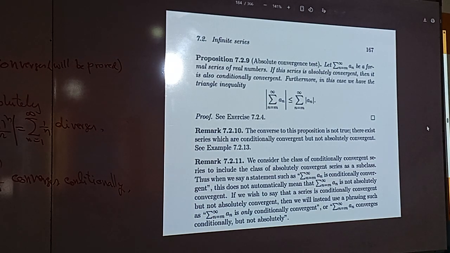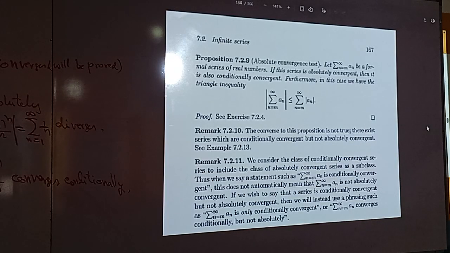Thus, when we say that a statement such as sigma a_n is conditionally convergent, this does not automatically mean that sigma a_n is not absolutely convergent. If I say that I have 10 rupees, it does not imply that I have no more than 10 rupees. Similarly, when you say conditionally convergent, it does not imply that it is not absolutely convergent.